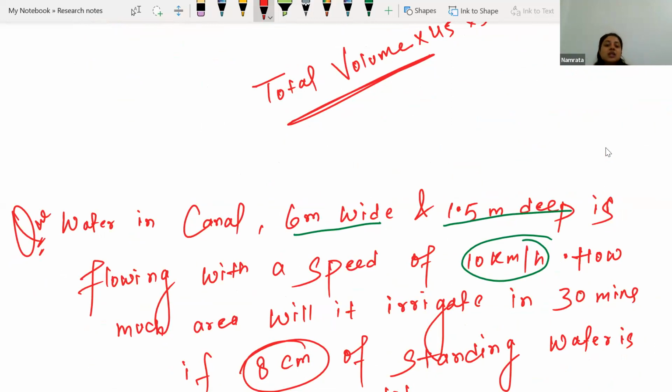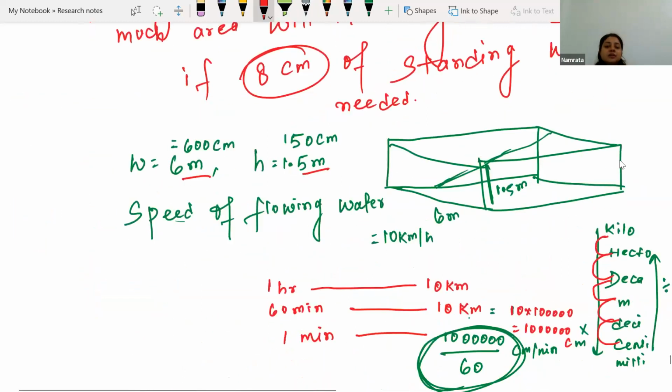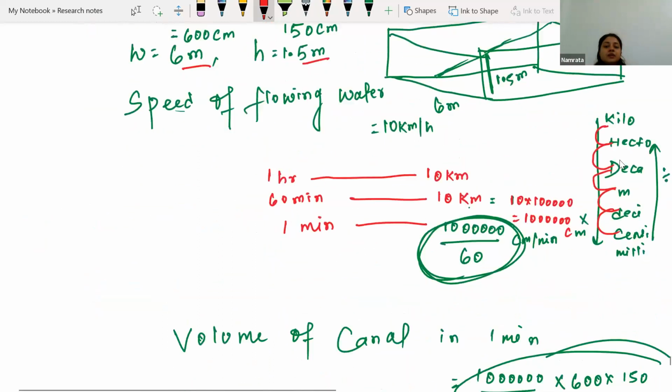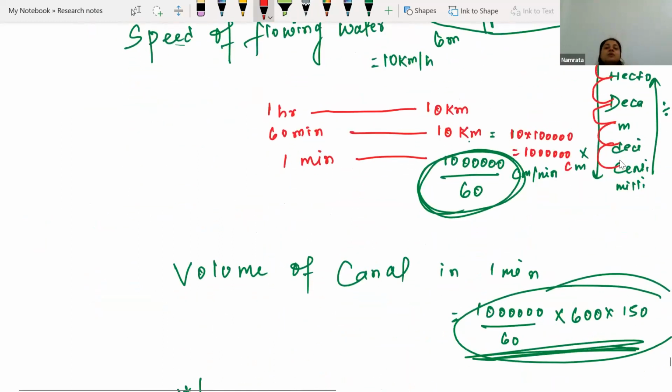Okay. How much area will it irrigate in 30 minutes? That we have to find. So what we are doing, volume we are finding of the canal, that is length into breadth into height. All right. We are finding volume and the speed which is given, that is 10 kilometer in 1 hour. We are converting it in minute.